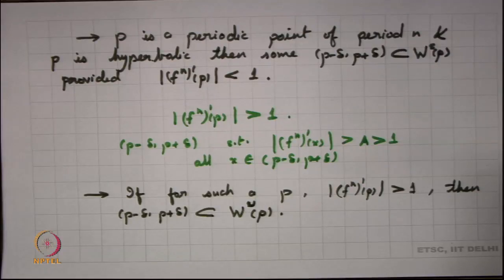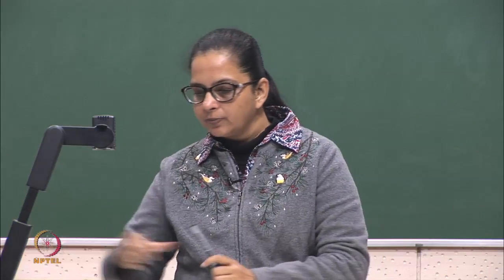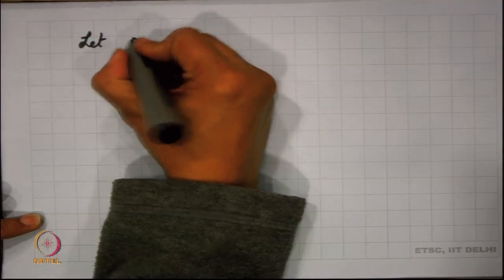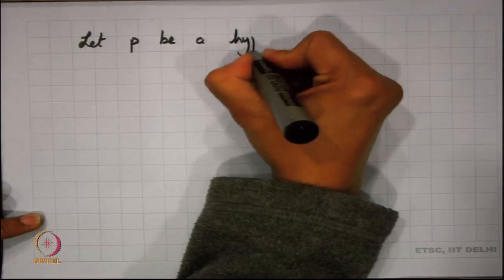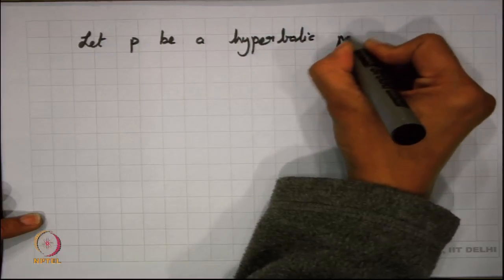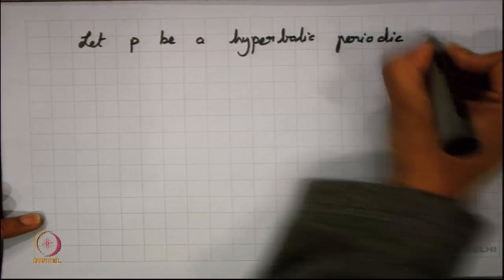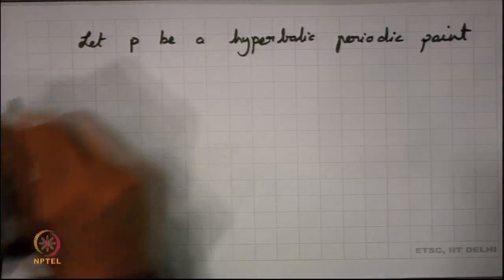We have a specific name for such points. Again we are looking into hyperbolic periodic points. So, let p be a hyperbolic periodic point of period n.